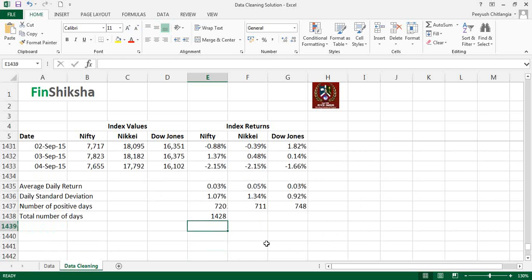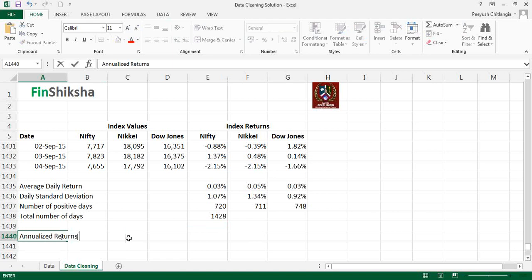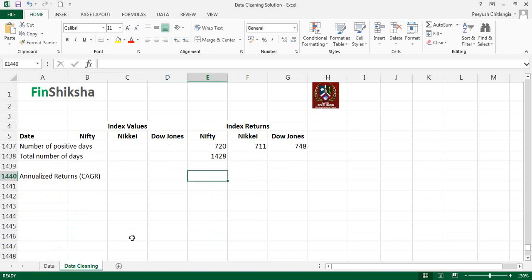Now, the next task is to find out the annualized returns, or in other words, what is the CAGR here? Now, this becomes a little bit tricky because the CAGR calculations that we had seen so far would use an exact number of years.